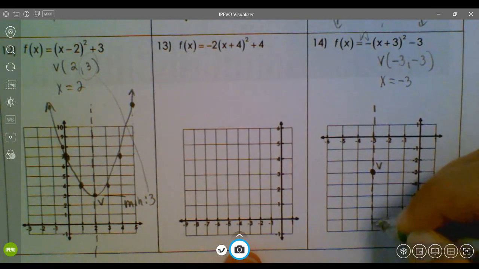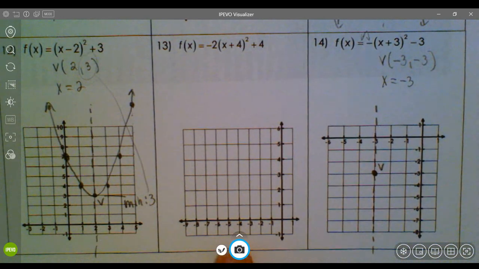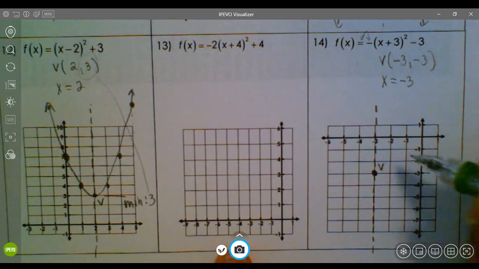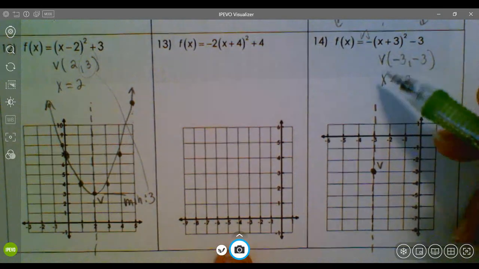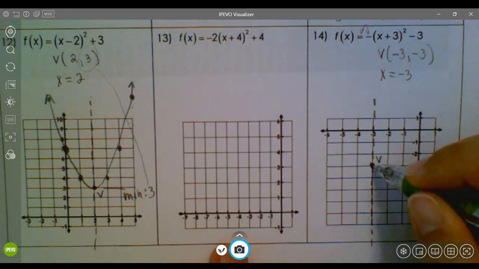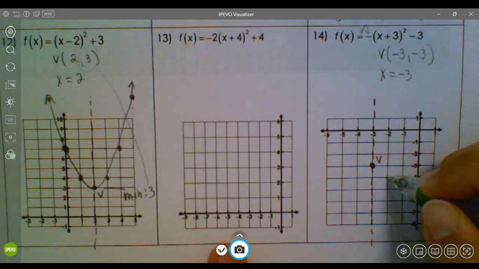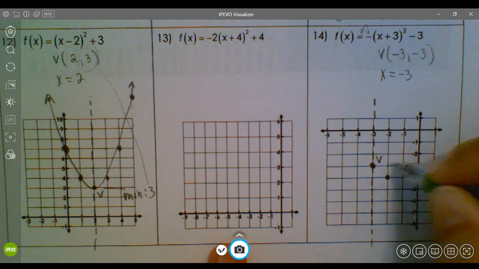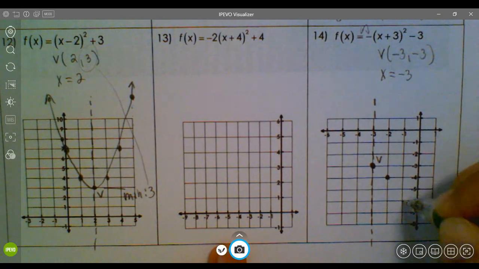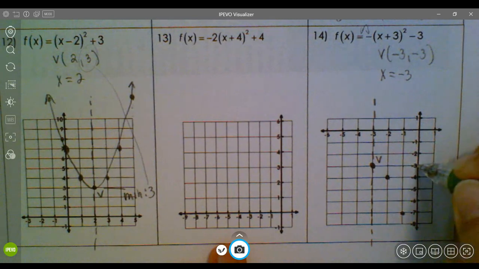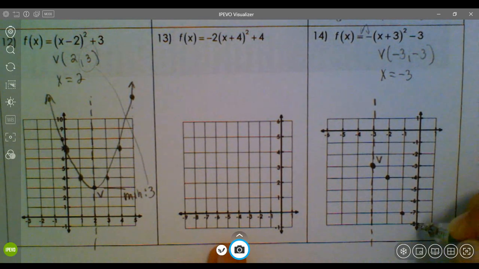Then I have my dotted line here. Since A is 1, I'm just going to follow my standard pattern. Horizontal 1, vertical 1. Horizontal 2, vertical 4. If I want horizontal 3, I'd go vertical 1, 2, 3, 4, 5, go vertical 9.